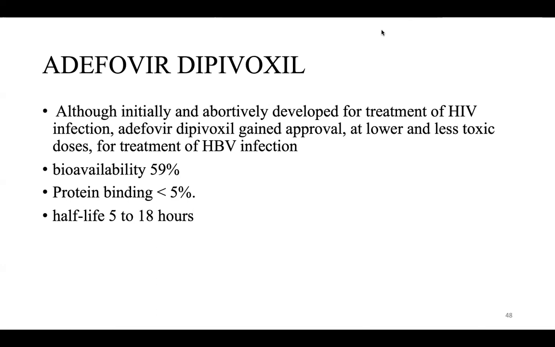It is phosphorylated by cellular kinases to the active diphosphate metabolite, which competitively inhibits hepatitis B virus DNA polymerase and causes chain termination after incorporation into viral DNA.